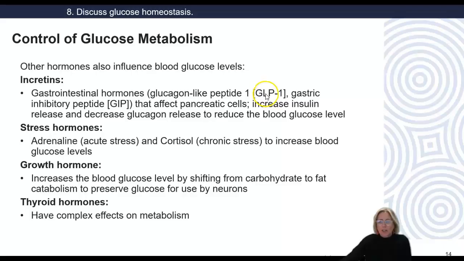So some of the things it does is it reduces gastric emptying so that food stays longer in the stomach. They also increase the secretion of insulin from the beta cells in the pancreas. And they also reduce food intake, they reduce appetite, and they reduce the feeling of being hungry.